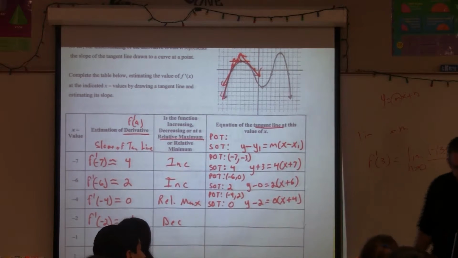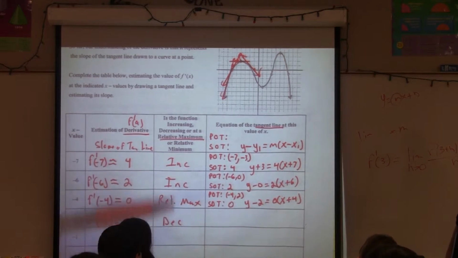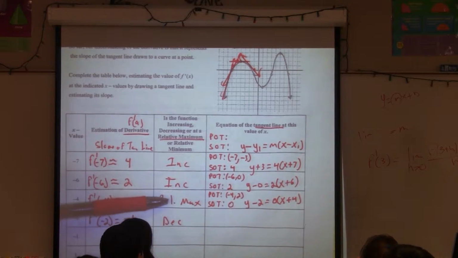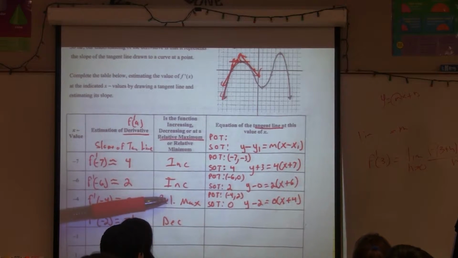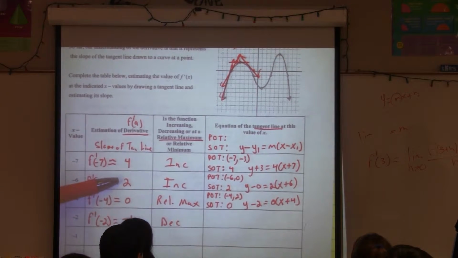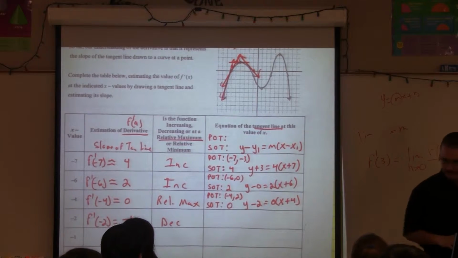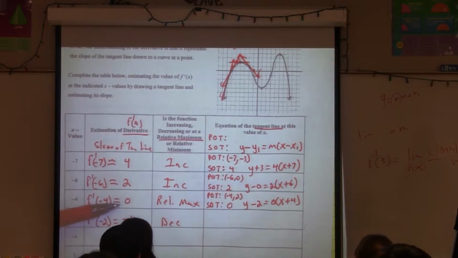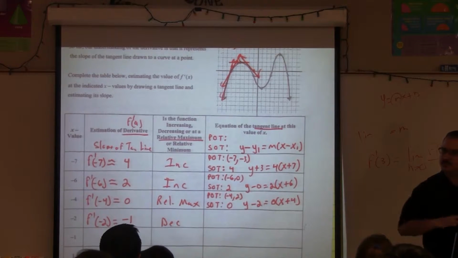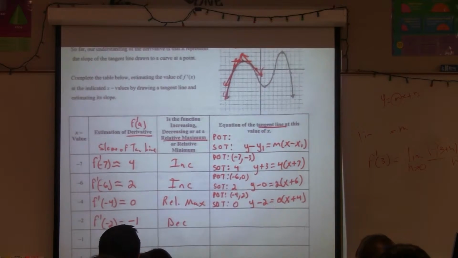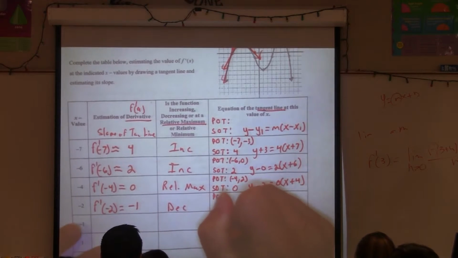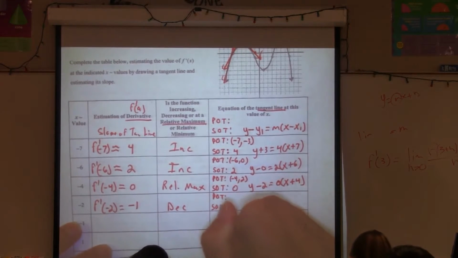Is that what's happening? Yes, so it changed from increasing to decreasing, therefore I have a maximum, okay? The derivative changed from positive to negative, okay? And it was equal to 0 at that value. So it's two conditions, okay? Cool? Alright, let's go. What's my point and what's my slope?